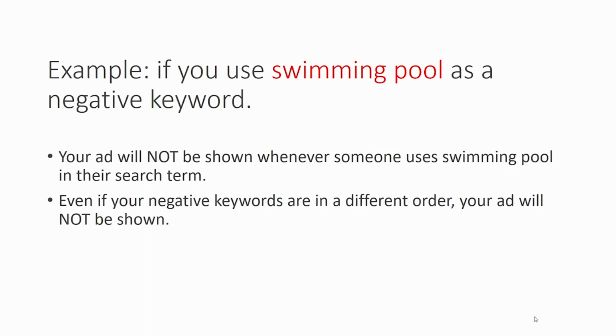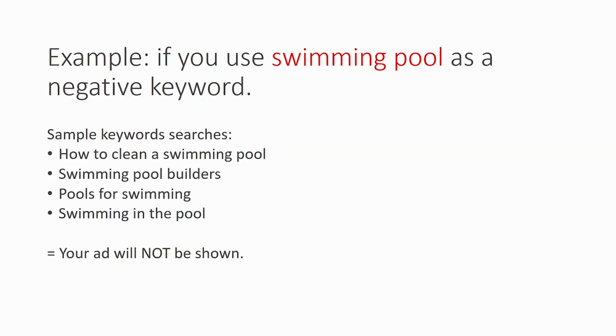For example, if you use swimming pool as a negative keyword, your ad will not be shown whenever somebody uses swimming pool in their search term. Even if your negative keywords are in a different order, your ad will still not be shown. Here are some sample keyword searches.